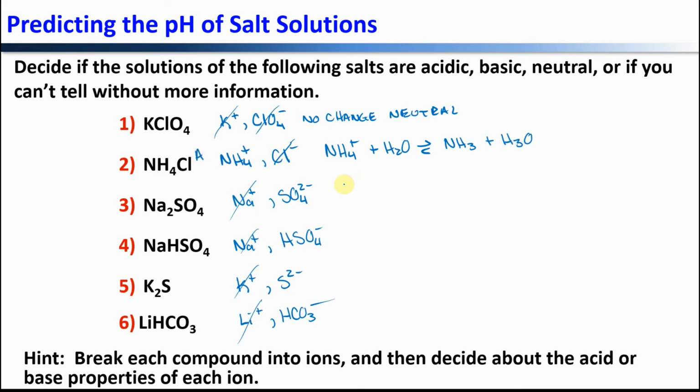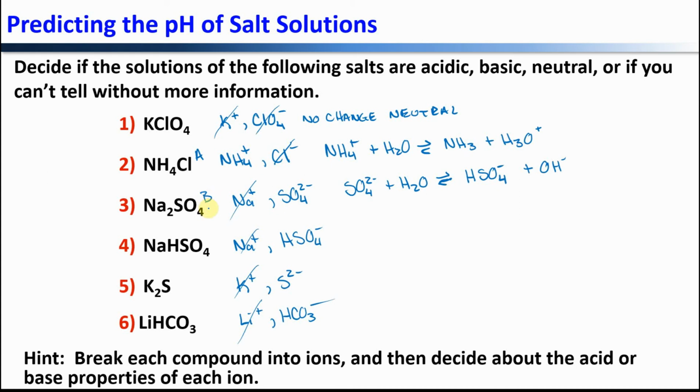And then for my sulfate, SO4 2 minus, the only thing it can do with water is accept a proton. And you might be freaked out because you're thinking, but H2SO4 is a strong acid, which is true. HSO4 minus is a weak acid, so I will get some of that. My water has now donated a hydrogen, HSO4 minus, and now I have OH minus. I forgot my plus here. Cool. So what is this going to do? It's going to make it basic.